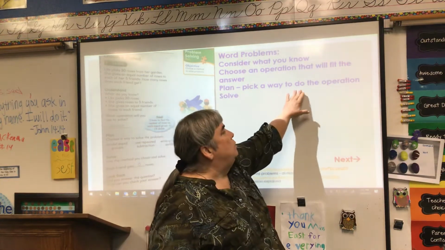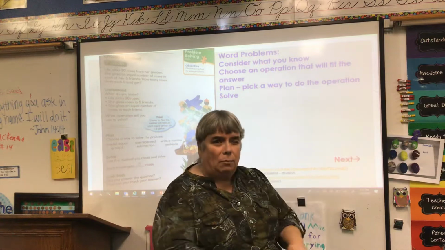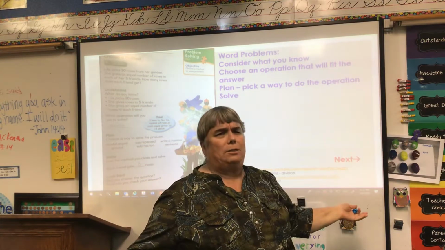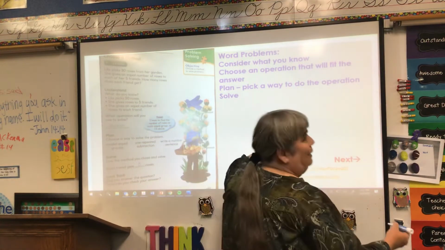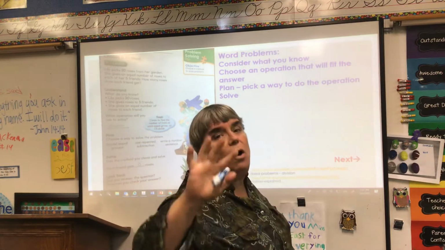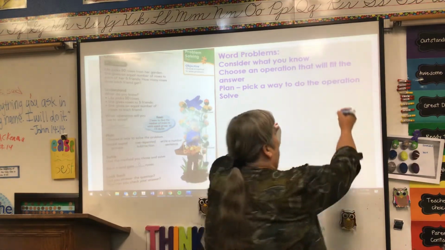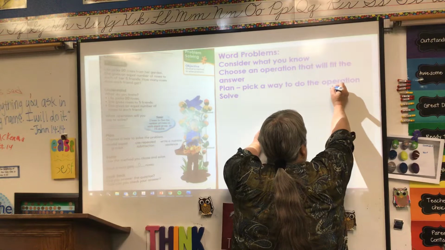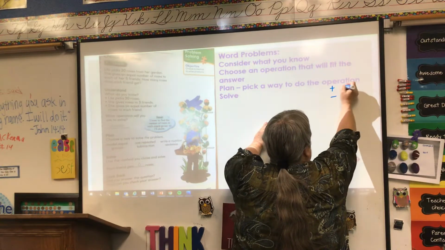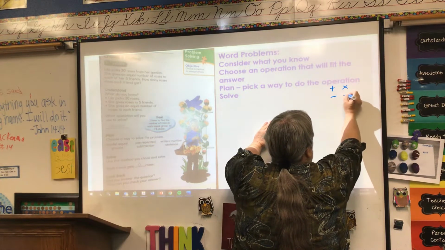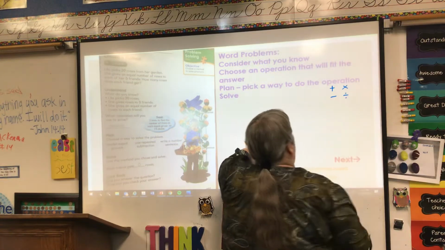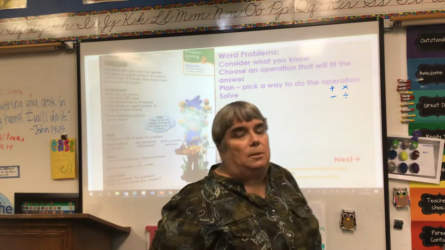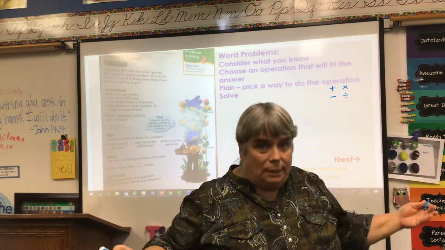Next, plan. Pick a way to do the operation. Now, you might look at that word operation and say, what are you talking about, operation? Okay, now in second grade, we know all 4 operations. Ready? Add, subtract, multiply, or divide. And those are really the 4 operations that you're going to be doing mostly in math.